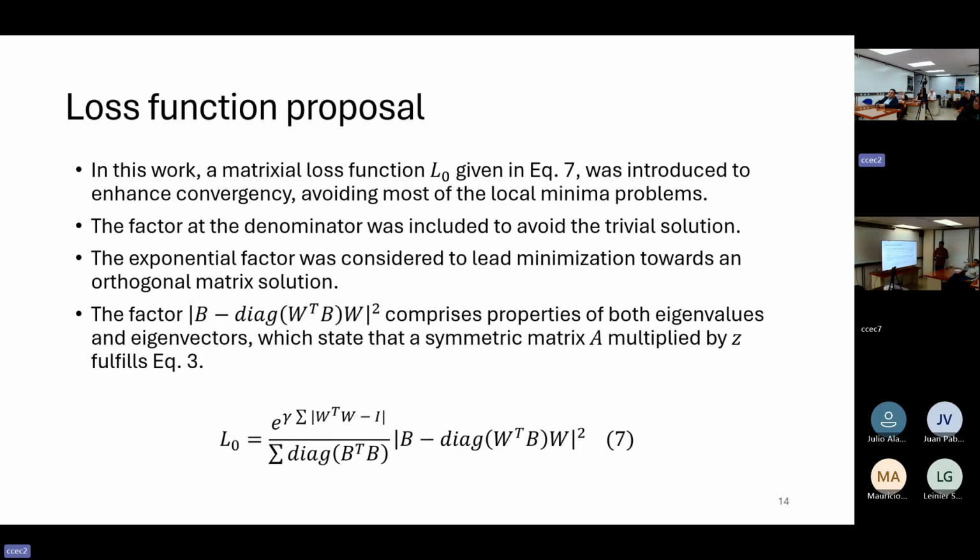The second one, in the numerator of the quotient, is an exponential factor. This factor is included to lead minimization towards an orthogonal solution. And finally, the other factor includes the properties we talked about, as I mentioned before. This is our proposal for minimization.